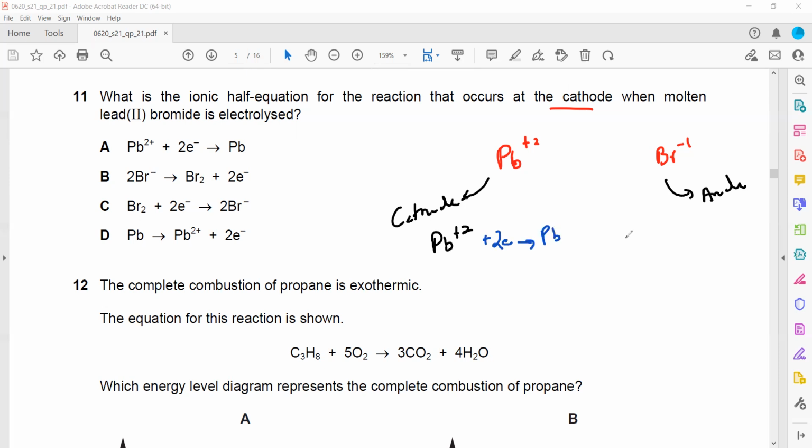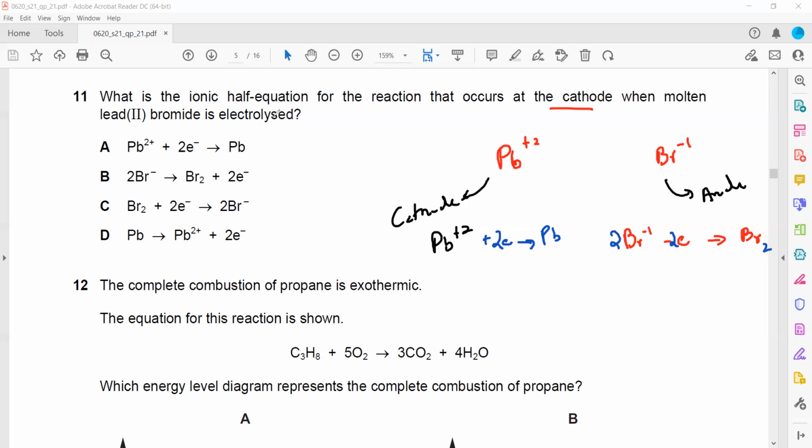And for bromide, which is -1, it will lose 1 electron and turn into a bromine atom. But because bromine is a non-metal, it cannot exist as an atom, except for group 8. So when 2 bromide ions are there, they will lose 2 electrons and form a bromine molecule.